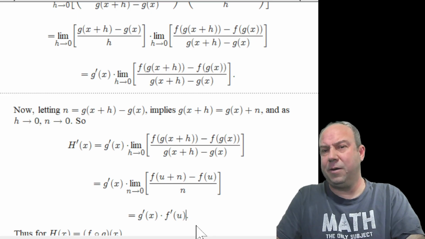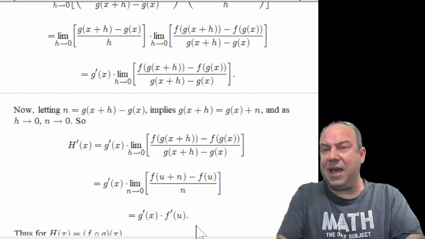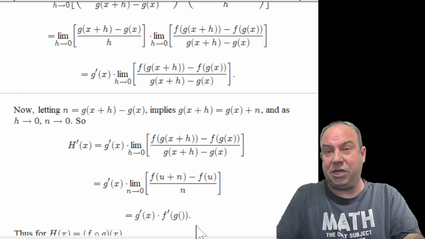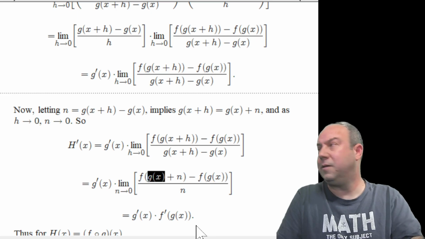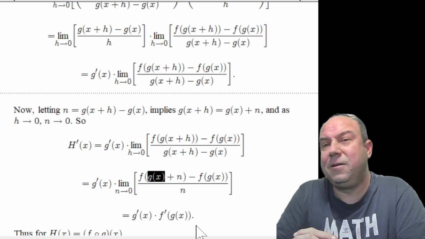So it's fair to say that if I replace that u with g of x, and actually I can go back and replace it this way, just by undoing that.